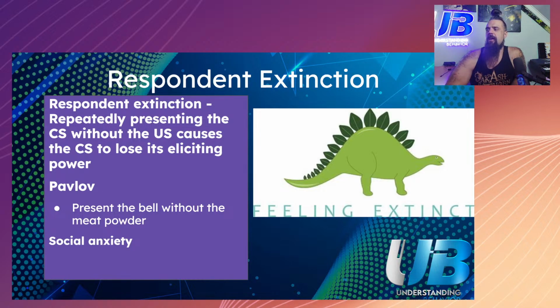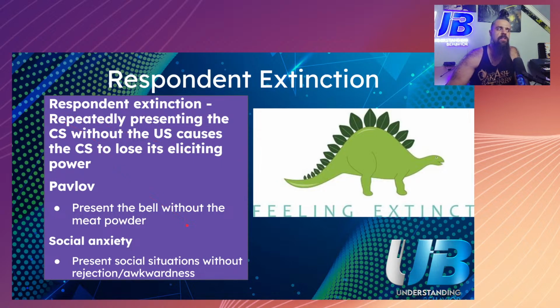Remember, our rejection is our unconditioned stimulus. This is something that we're programmed to always have fear over. So in this one, we're trying to unpair our social situations having power over creating that fear. What we would do, and I'm really impressed, you guys really nailed this one, is keep presenting social situations without that rejection or awkwardness.